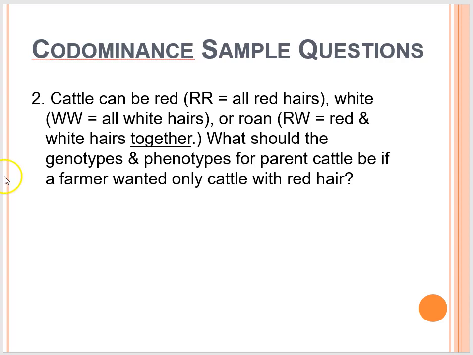What's the only way I can get red? If I started with 2 whites, am I going to get red babies? If I started with a roan and a white, will I get red babies? No. If I start with 2 roans, will I get only red babies? No, because I got this W in here. What's the only way I can get red babies? All red. 2 red parents gets me all red babies.